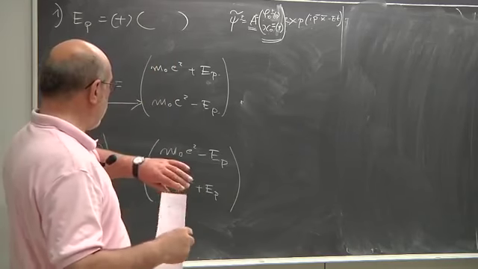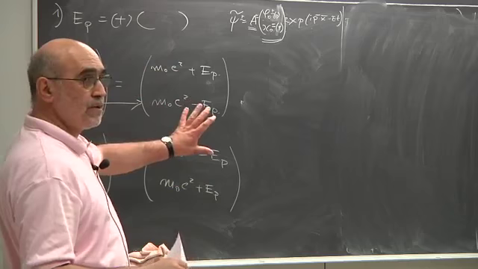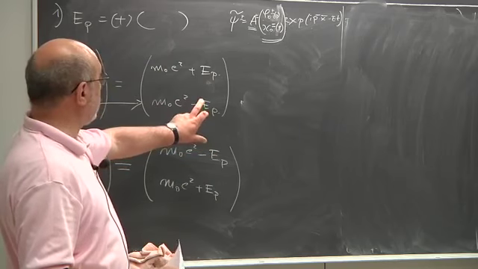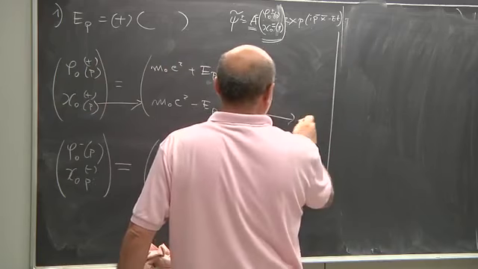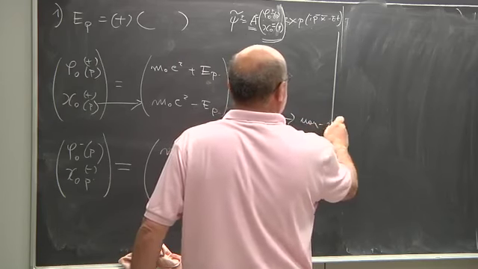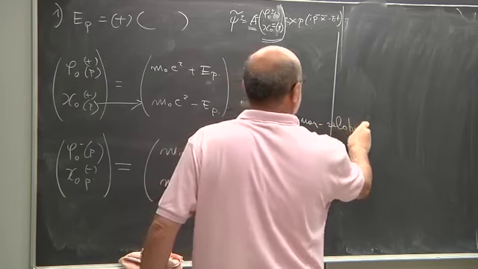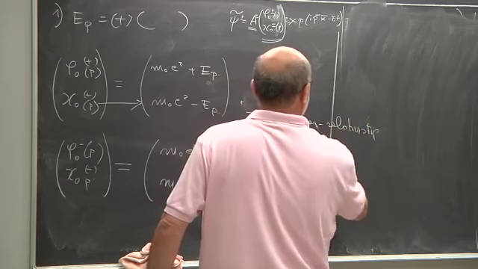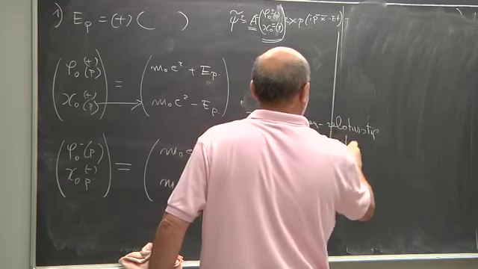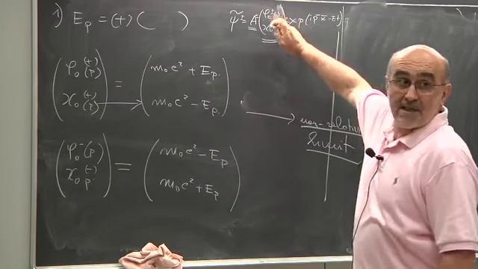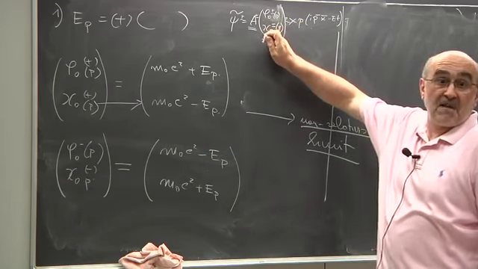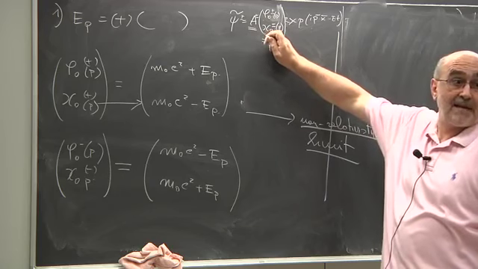Why is it important? We will stop here. We will do, well, on Thursday, the non-relativistic limit. And the non-relativistic limit will be very interesting. You will see in the non-relativistic limit, this dependence on P will disappear. In fact, in Schroedinger, you never had those things.